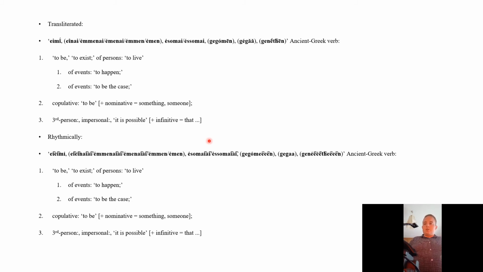Ancient Greek verb, to be, to exist, of persons, to live, of events, to happen, of events, to be the case. Copulative, to be, plus nominative, equals something, someone. Third person, impersonal, it is possible, plus infinitive, equals that.